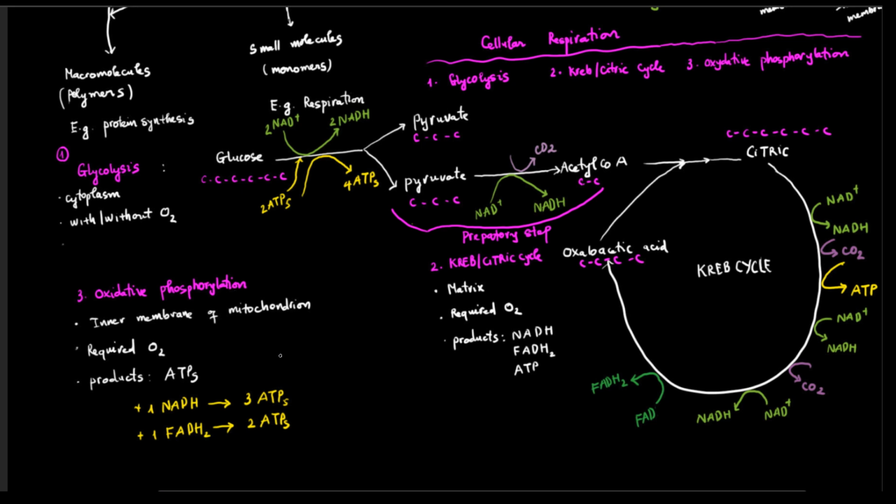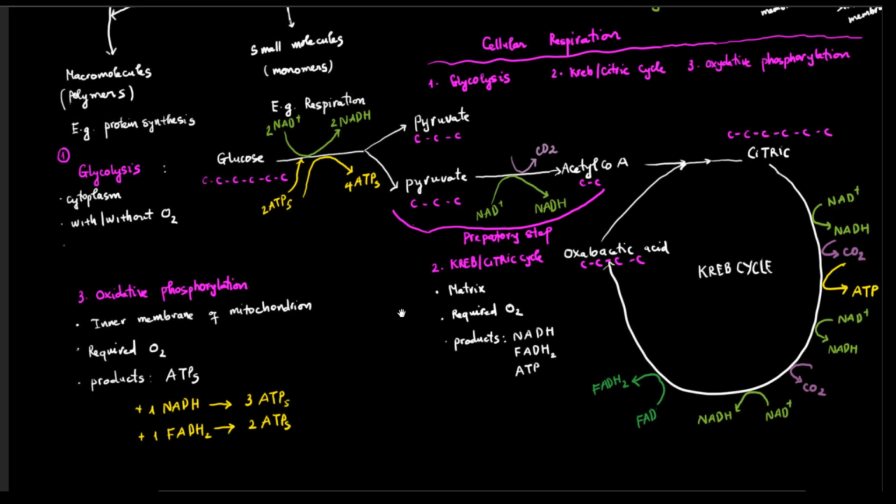Under optimal condition, 3 molecules of ATP can be synthesized from 1 molecule of NADH, and 2 molecules of ATP can be synthesized from 1 molecule of FADH2. Oxidative phosphorylation takes place on the inner membrane of mitochondria, and it also requires oxygen.